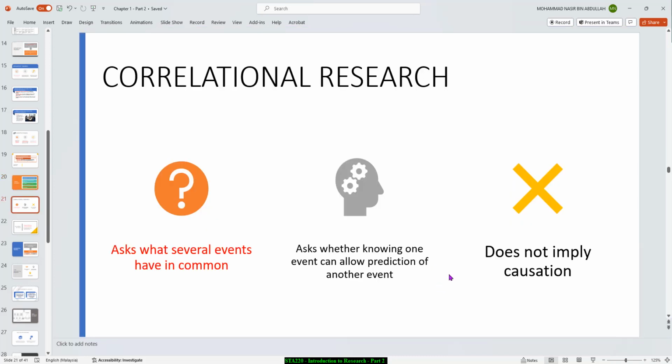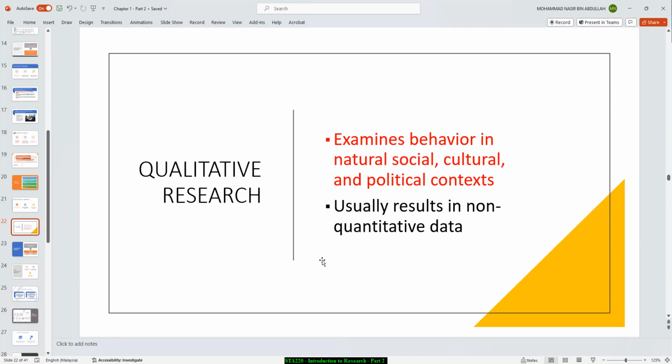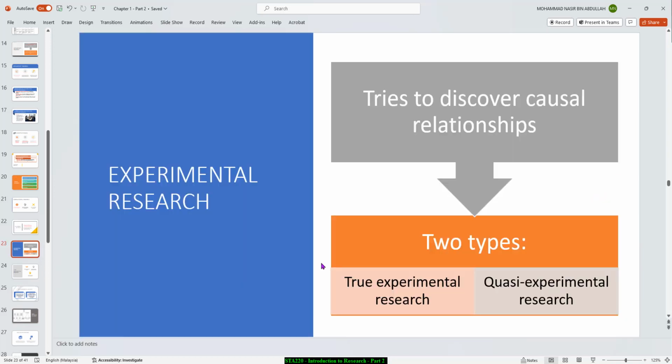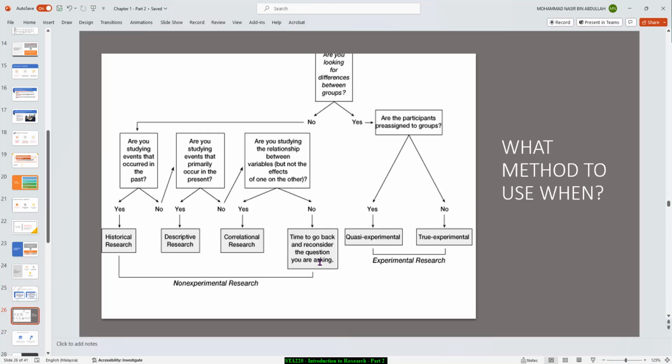Alright, correlational research. This is what we already discussed just now, right? Qualitative research we also discussed just now. Experimental research also discussed. This one kita nak skip sebab kita dah discuss tadi. So this is what method to use and when.